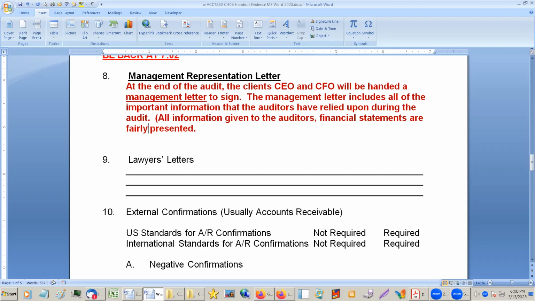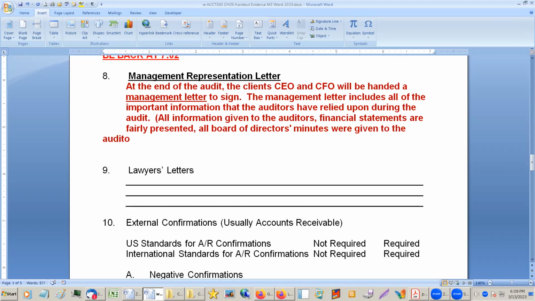Things like that, things that are relied upon. All board of director minutes are given. So there are a lot of things like this in there, basically the things that you relied upon when doing the audit.